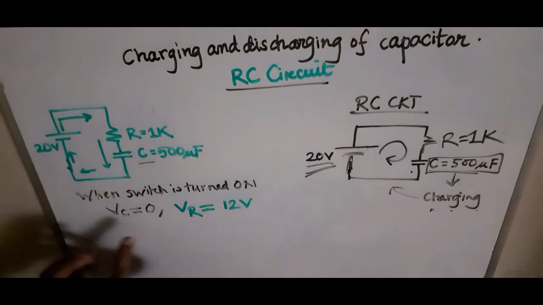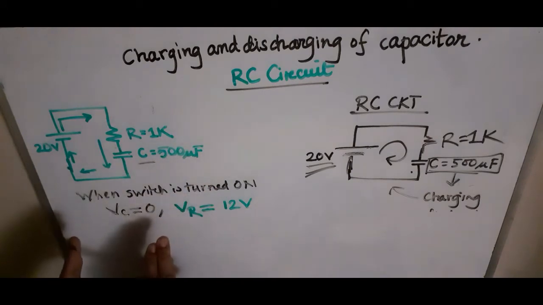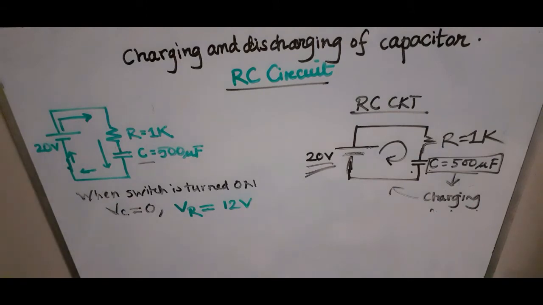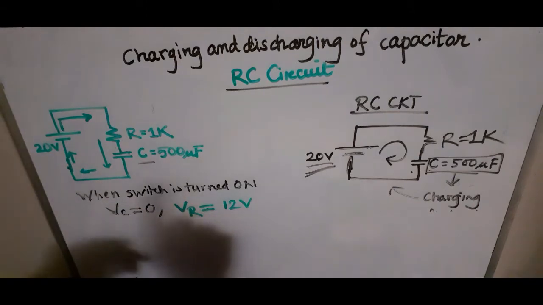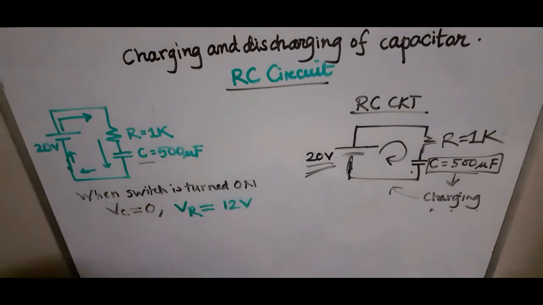At that very moment, the voltage across this capacitor is 0, and all of the voltage is dropped across the resistor. We need to remember that the voltage across the capacitor does not change instantaneously. It takes some time to accumulate that energy, or to drop that voltage.